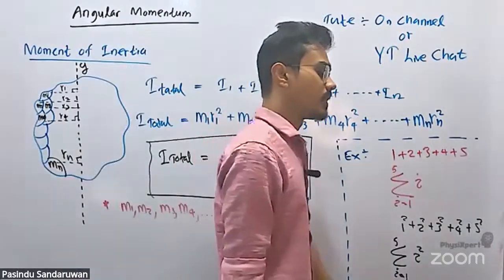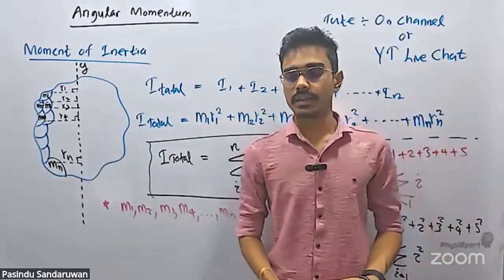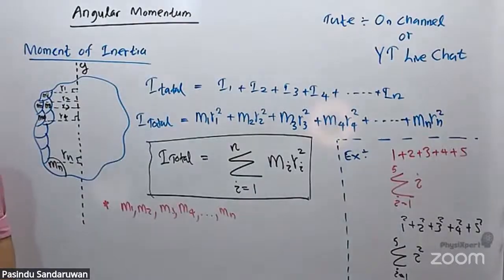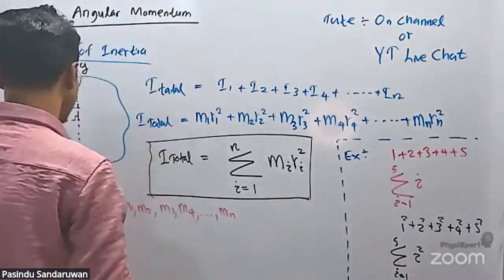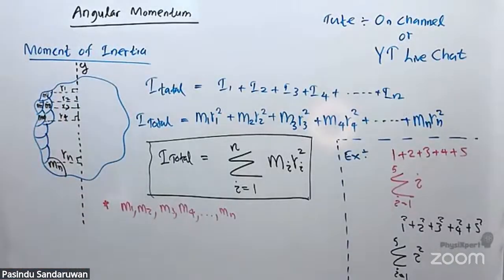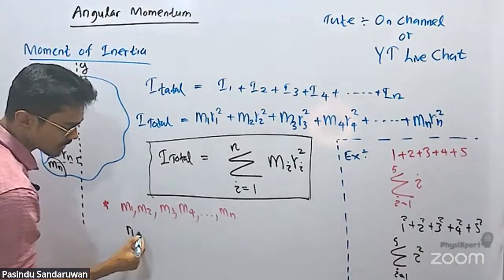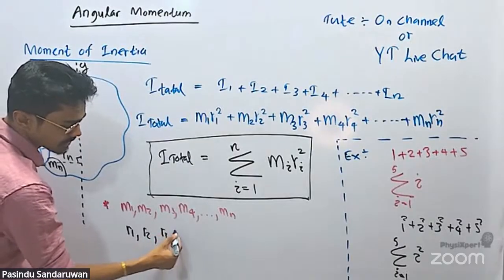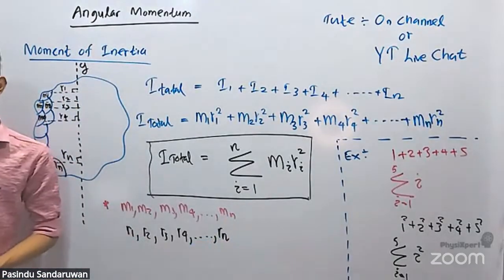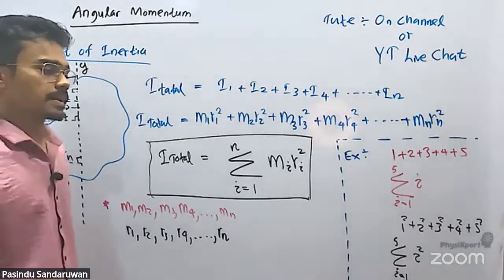And perpendicular distances from the axis of rotation are like this: R1, R2, R3, R4, put some dots, Rn, respectively.